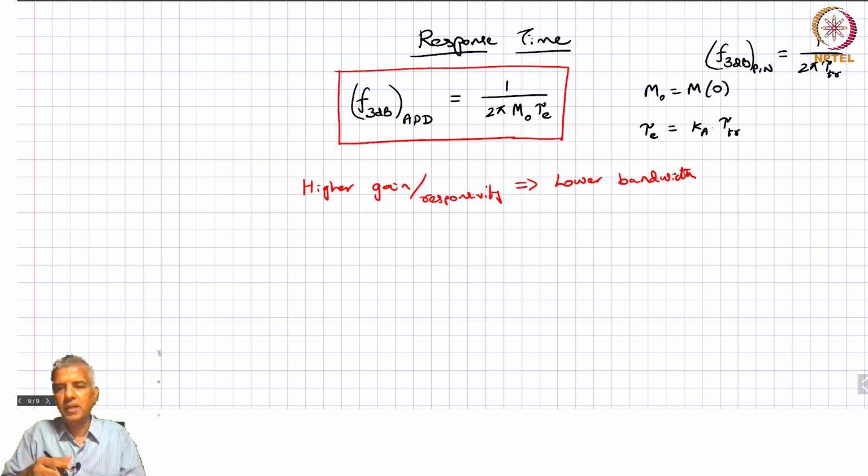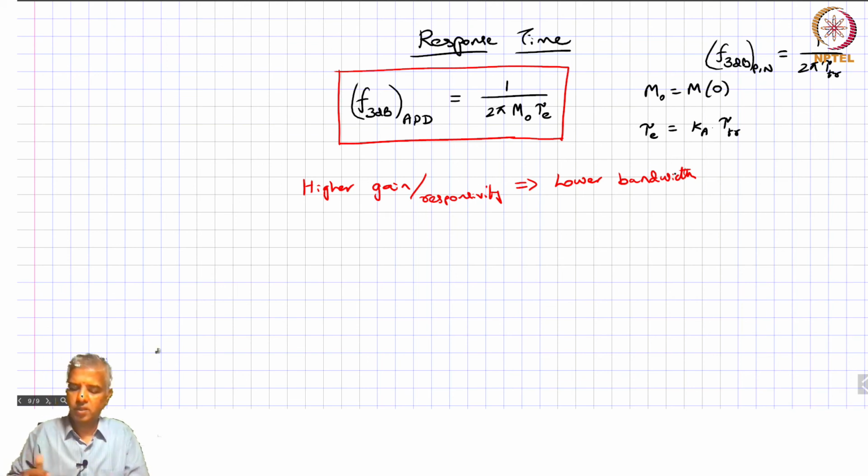So essentially, how do you control the gain value? Well, in an APD, we saw that we control it using your bias voltage. If you want high gain, you increase your bias voltage so that the gain value goes close to the optimum gain value. At that point the bandwidth is lower, but if you want better bandwidth, you scale down your voltage so that you can work with a lower gain value.